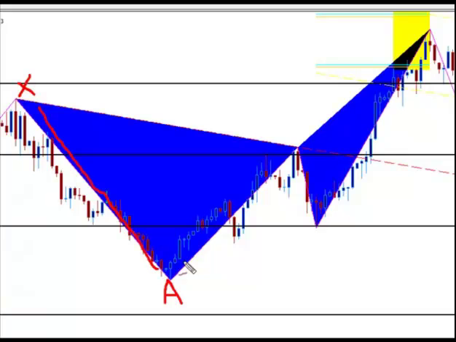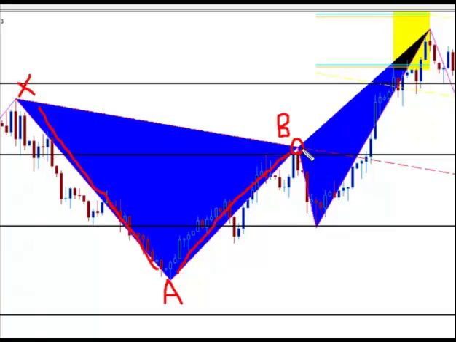Okay, after that, we travel north and we are going to get to what we call the B point. Okay, the B point's a lot like the heart of the pattern. It's going to be very important once this pattern, if it does complete, comes into your trading plan, and we'll get into that.